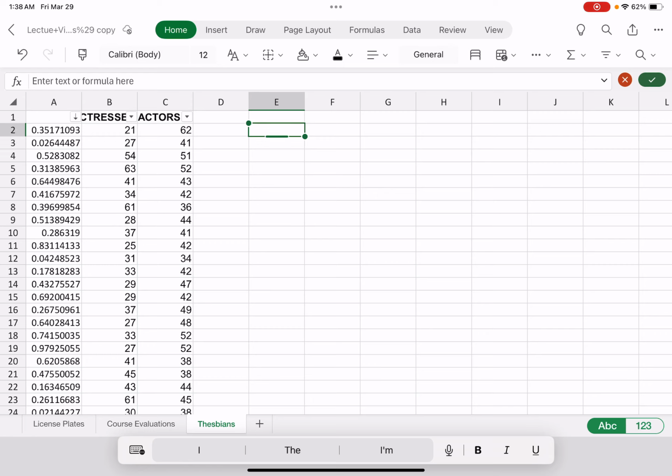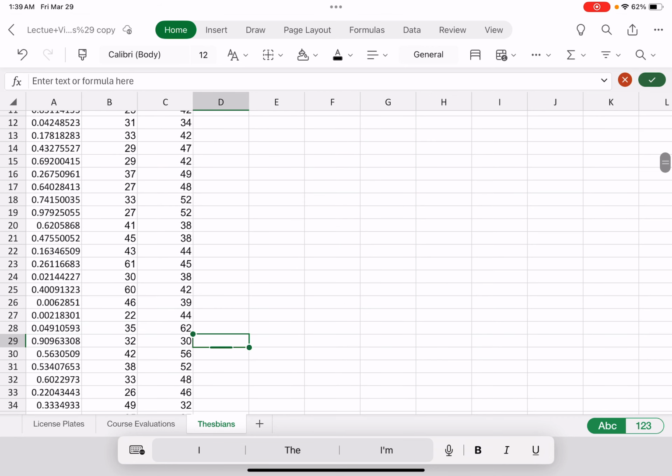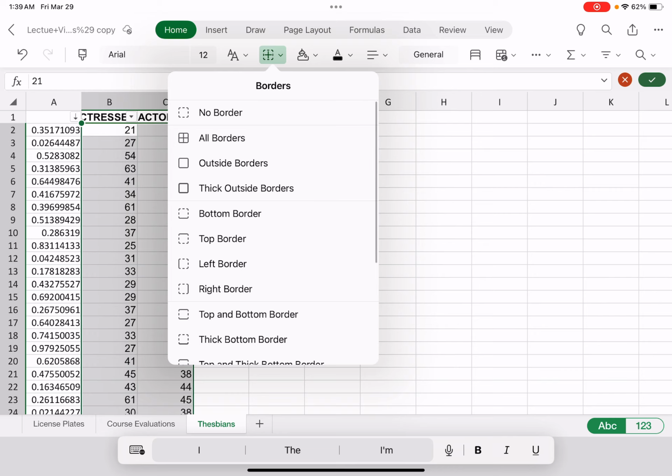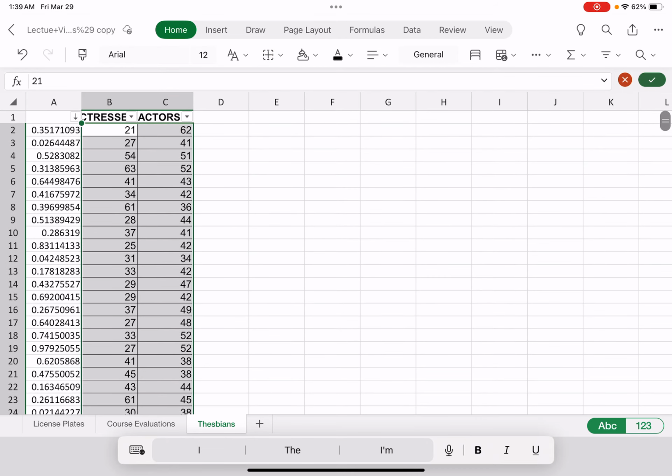And so that's all randomized, and I'm just going to go ahead and take the first 30. Let me just kind of put that in a box. All right, so that's the data I'm interested in. Okay.